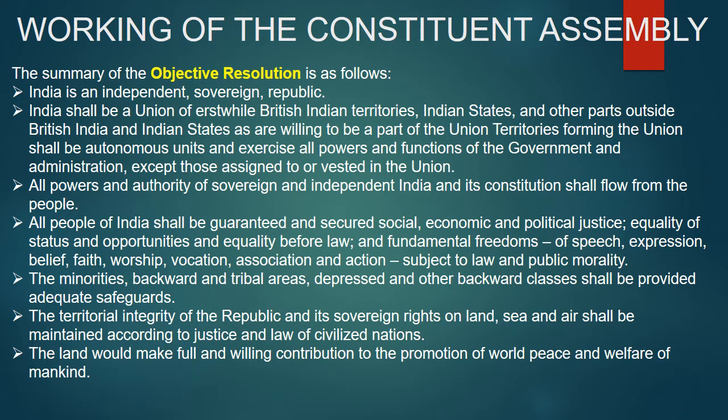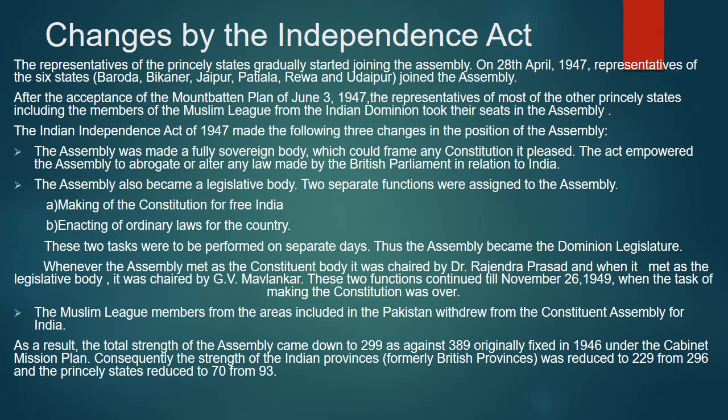The representatives of princely states started joining the Constituent Assembly. On 28th April 1947, 6 states' representatives, Baroda, Bikaner, Jaipur, Patiala, Rewa and Udaipur, joined the Indian Constituent Assembly.